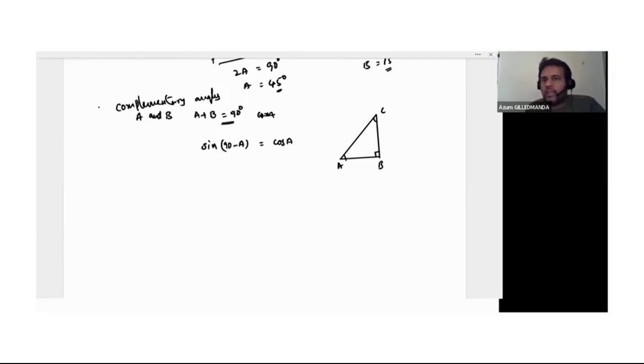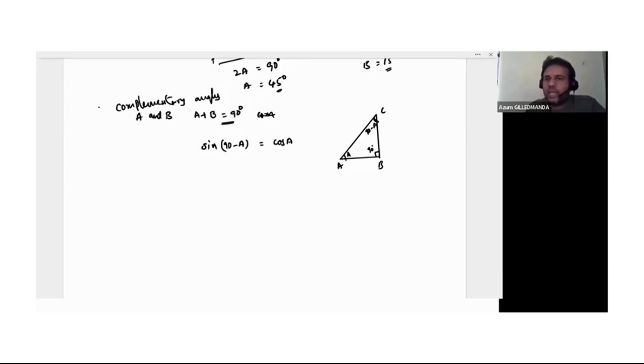This is 90 degrees, right? What should be this angle? The total of all three angles in a triangle is 180 degrees. So if this is A and this is 90, this should be 90 minus A, right? The angle C is 90 minus A.